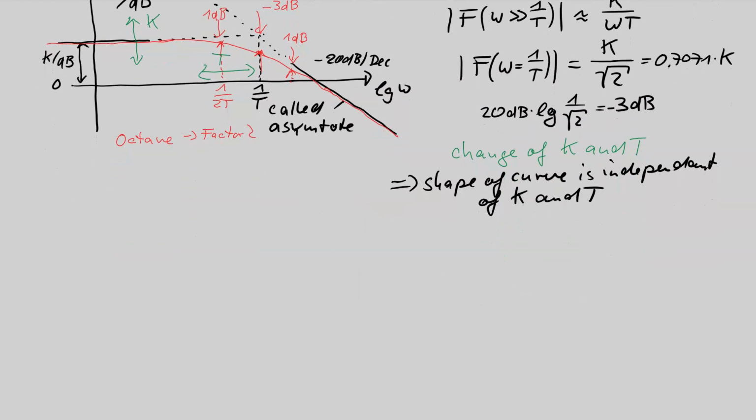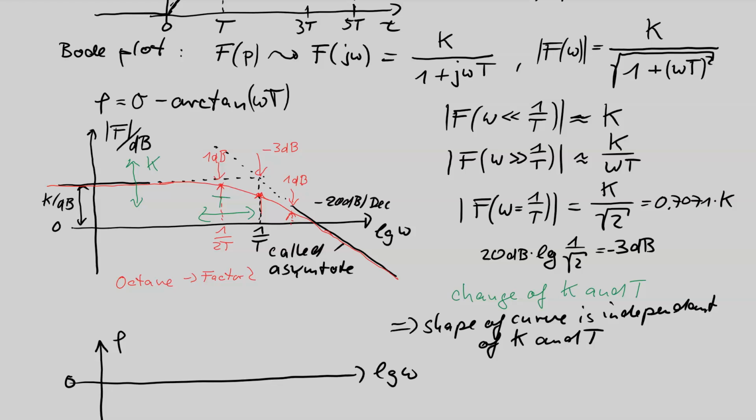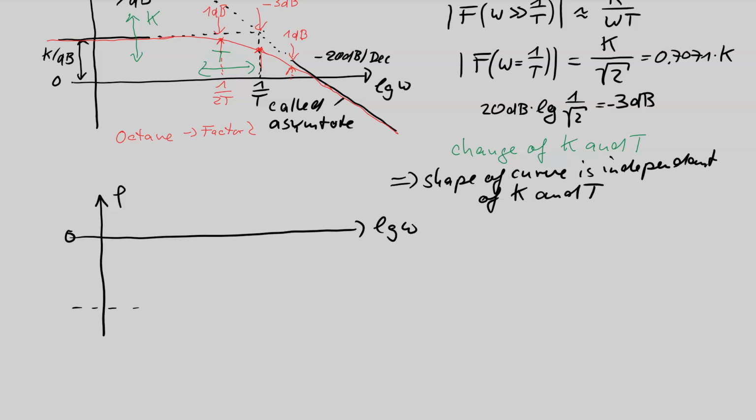The same is valid for the phase curve. A very quick discussion for the phase curve. The phase curve of a PT1 is completely negative. It starts with 0, that is the negative arctangent function. Small omegas give a 0 value, large omegas give a value which approaches the minus 90 degree value.